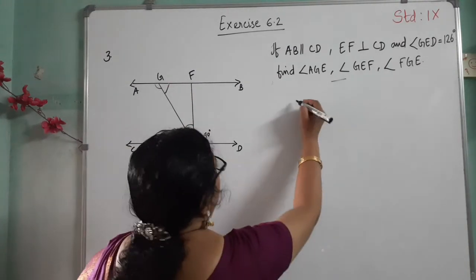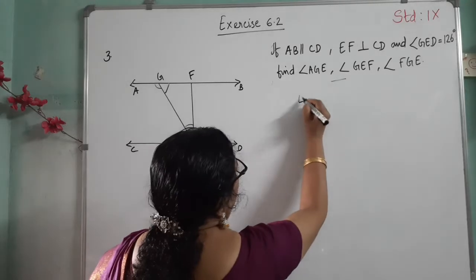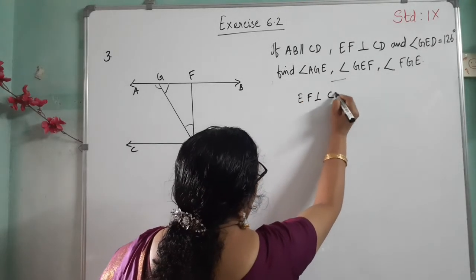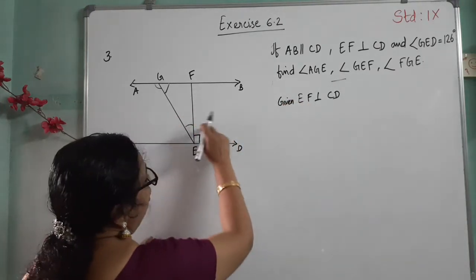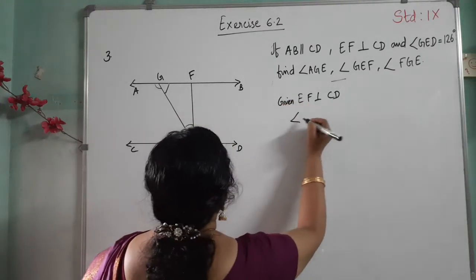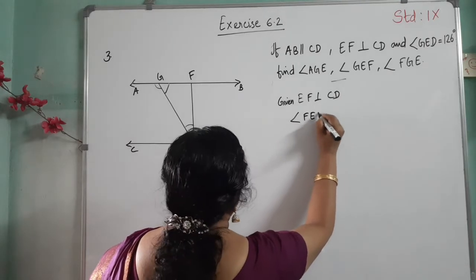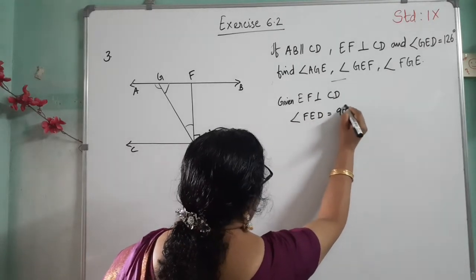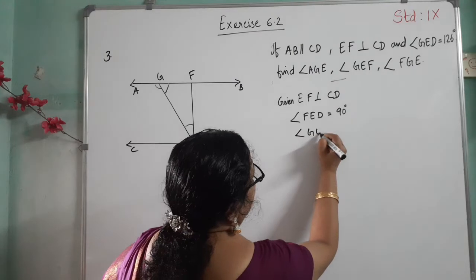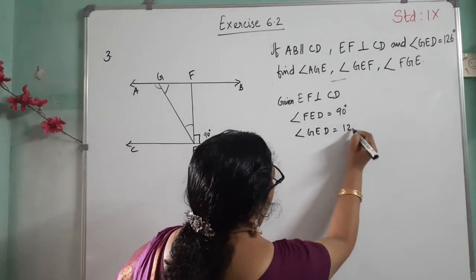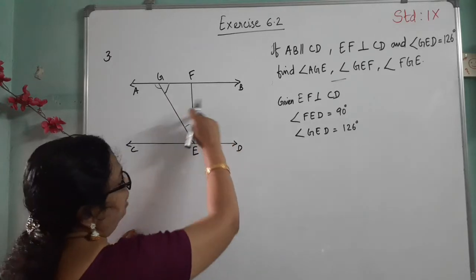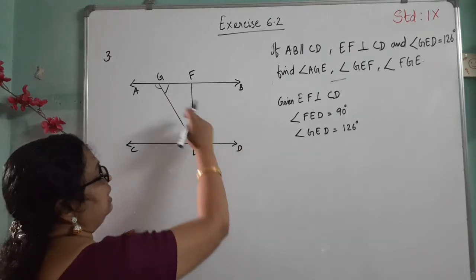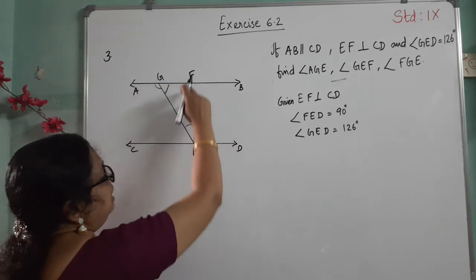Given that EF is perpendicular to CD, angle FED equals 90 degrees. And given that angle GED, this full angle, equals 126 degrees, and this is 90, we can find GEF.